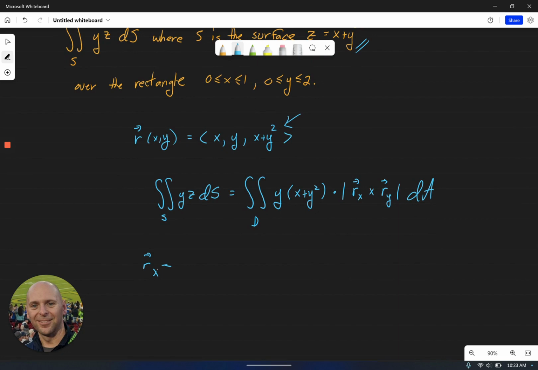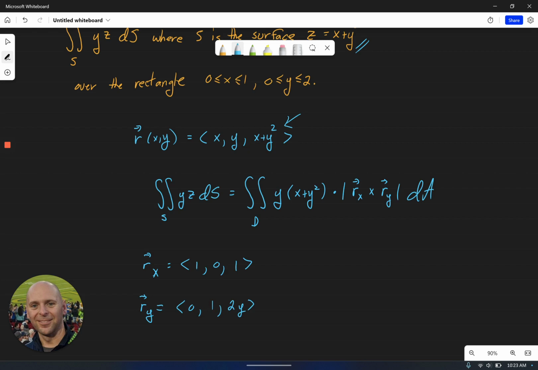R sub x is going to be equal to the vector 1, 0, 1, and the partial of r with respect to y is going to be equal to 0, 1, and 2y.